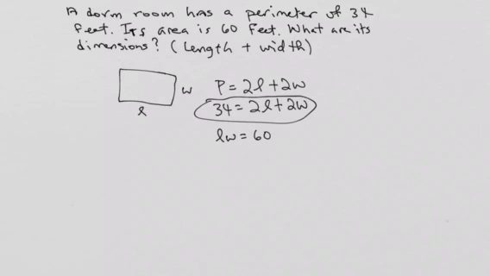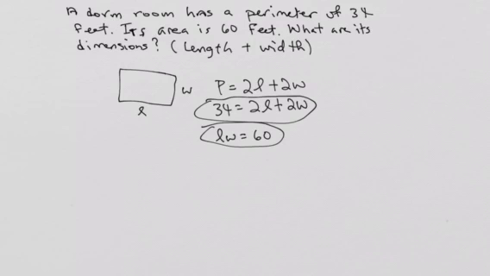Now we have a bit of a problem. We have two equations. We have two unknowns, which are L and W, and we have to put those equations together so that we get one equation with one unknown.